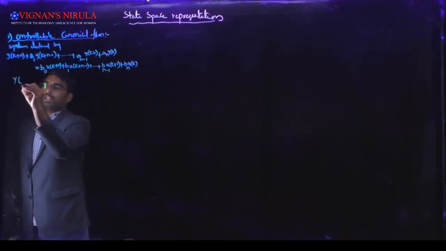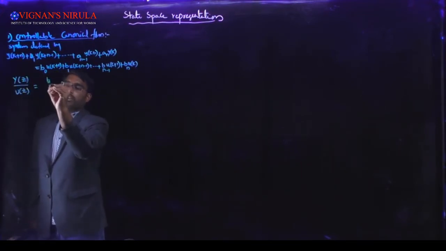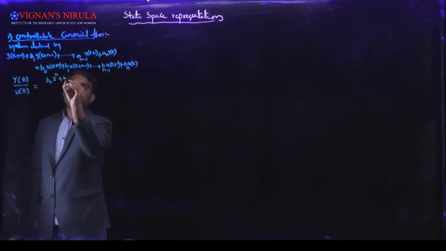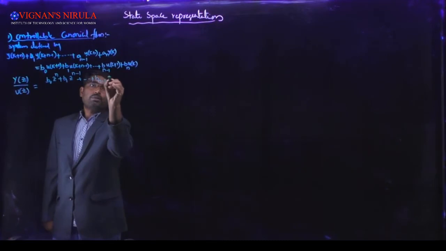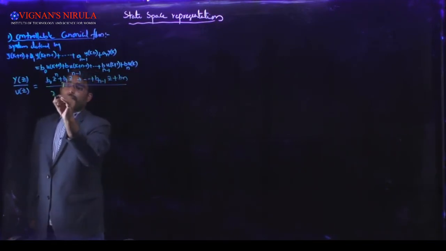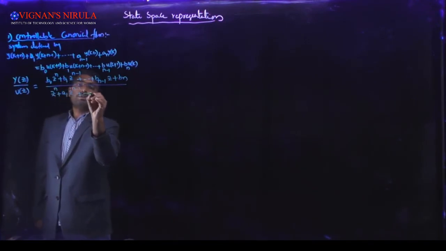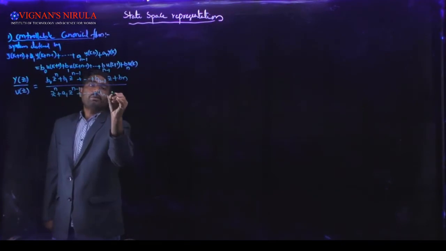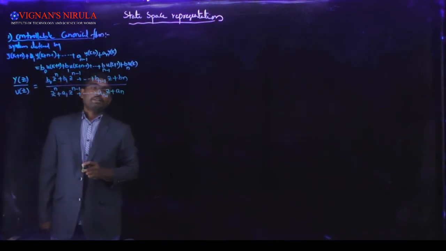Now by obtaining the pulse transfer function for this system, Y of z by U of z becomes b0 into z power n plus b1 into z power n minus 1 plus and so on plus bn minus 1 into z plus bn, divided by z power n plus a1 into z power n minus 1 plus and so on plus an minus 1 into z plus an.